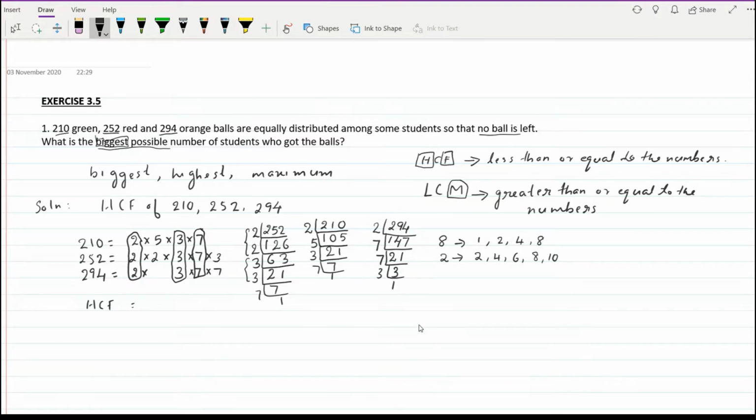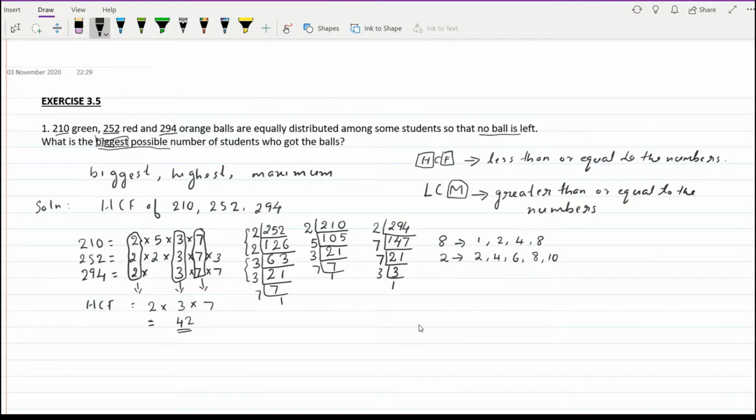So in the case of HCF, if there is a common factor for all the given numbers, then you have to consider that and take those numbers and multiply them. So instead of 2 we can take 1 2 into, here 1 3 is there, so we can take 1 3, then here 7, so you have to take 7. Therefore, the HCF is equal to 2 3s are 6, 6 7s are 42. So 42 is the HCF.